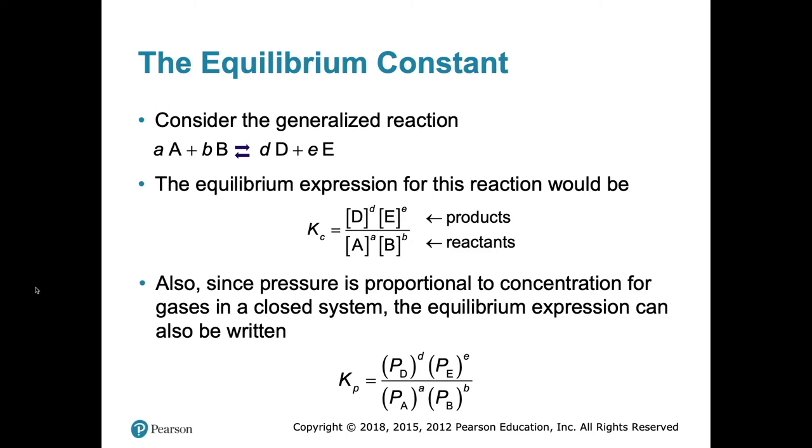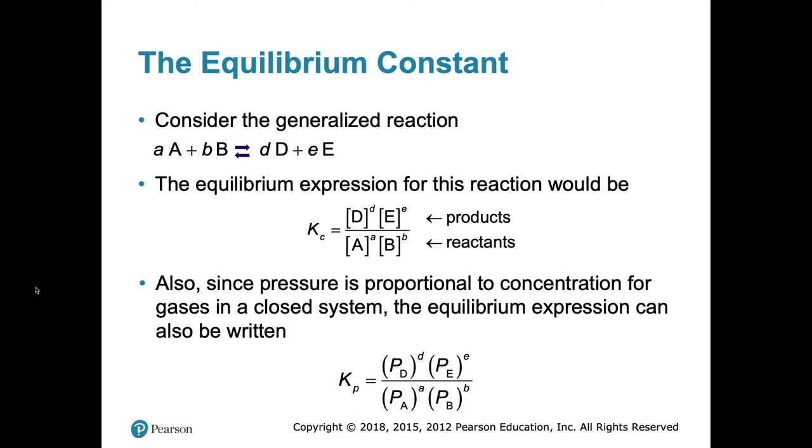And so what happens then is that Kp is literally the same thing as this up here. It's still products divided by reactants, but instead of the big letters D and E, A and B, now it's the partial pressure of D times the partial pressure of E, divided by the partial pressure of A times the partial pressure of B. And then the lowercase letters are still the exponents from the coefficients.